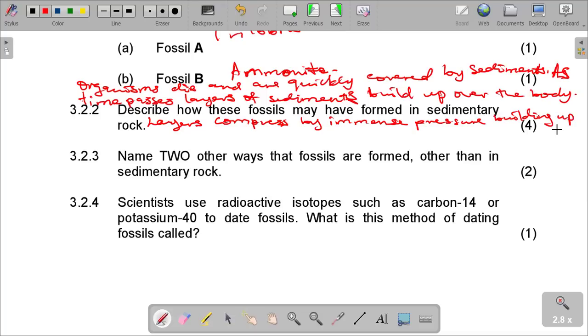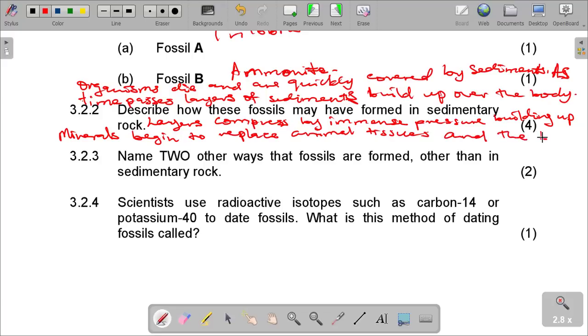And then minerals begin to replace animal tissues, and the body petrifies.